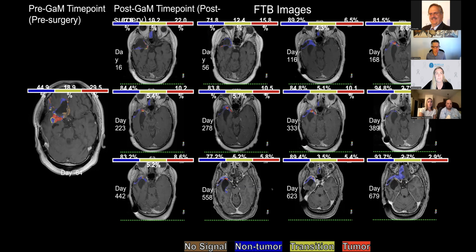With the FTB method, it was developed through my collaboration with Imaging Biometrics. And so that's pretty much the platform that FTB is provided through at this point.